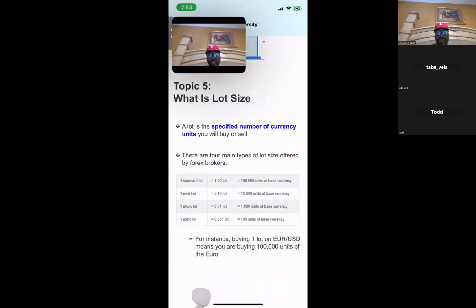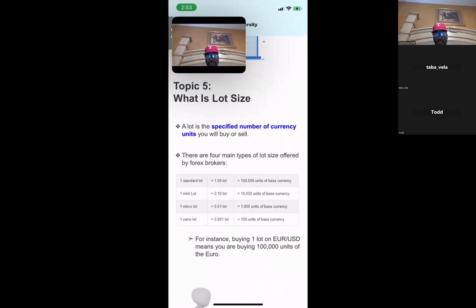Okay, what is a lot size? A lot size is a specified number of currency units that you will buy or sell. Okay, this is very important. I want you to look over here because when you go to enter your lot size into your MT4 trading application, you will enter the lot size just like this, a 1.0.